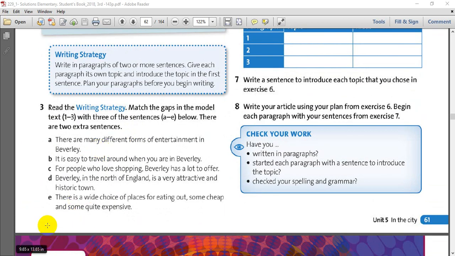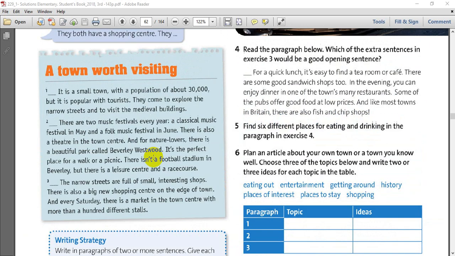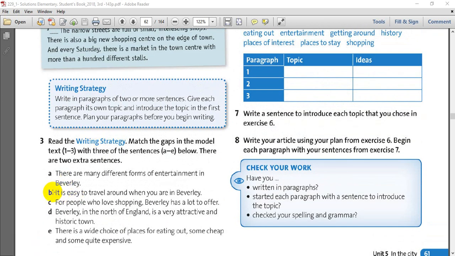We have B. It's easy to travel around when you are in Beverly. Which one? Narrow streets? No. There is nothing to do with this, with number B. So we don't use number B. C. For people who love shopping, Beverly has a lot to offer.